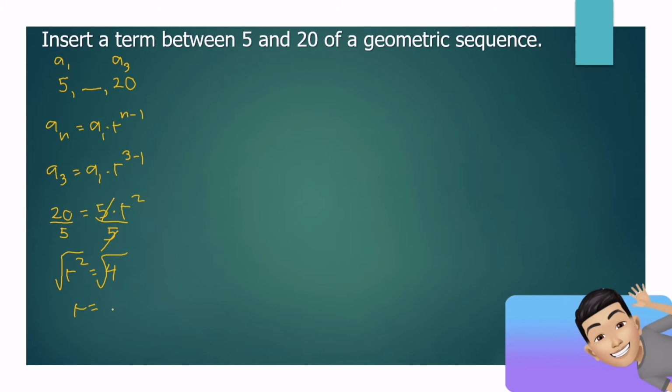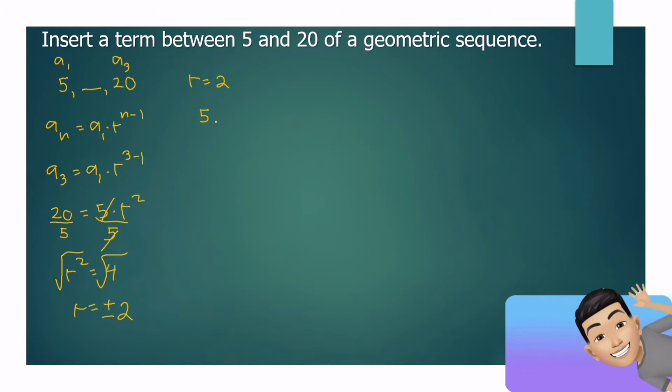R is positive or negative 2. So, meron ulit tayong dalawang case. When R is equal to 2, we have 5.